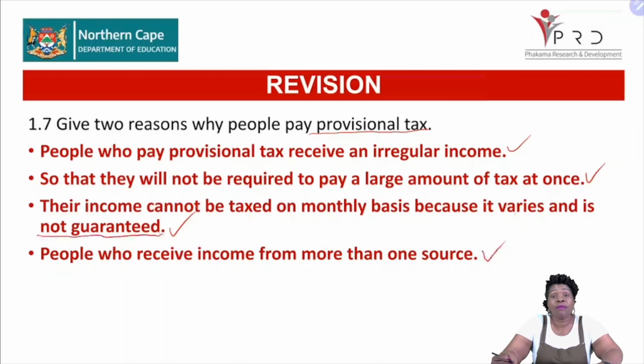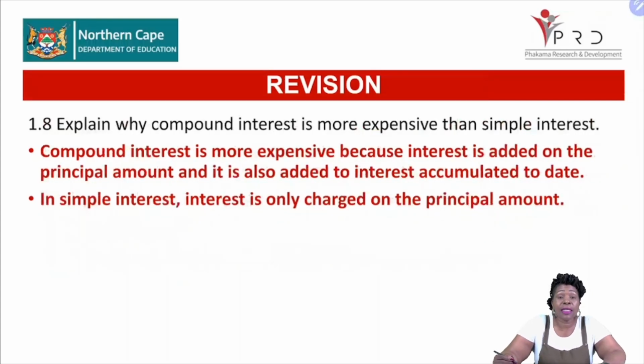So they receive their income from more than one source, right? Let's go on to 1.8, which says, explain why compound interest is more expensive than simple interest. So in this case, all we need to do is to explain what compound interest is and also explain what simple interest is.